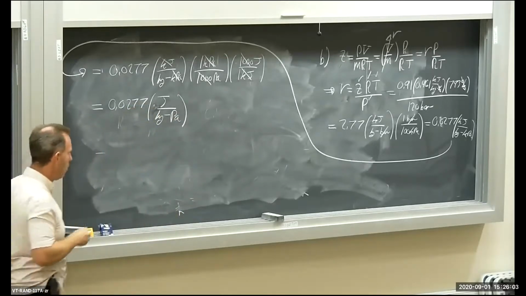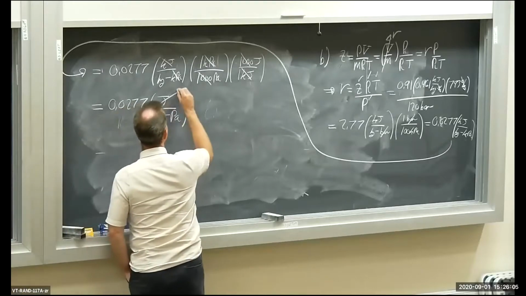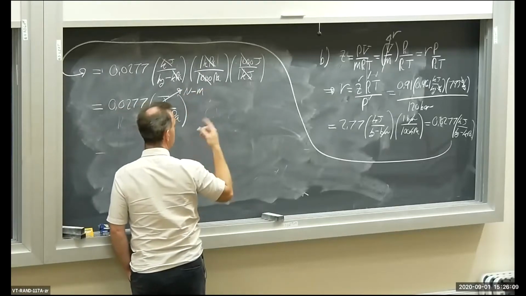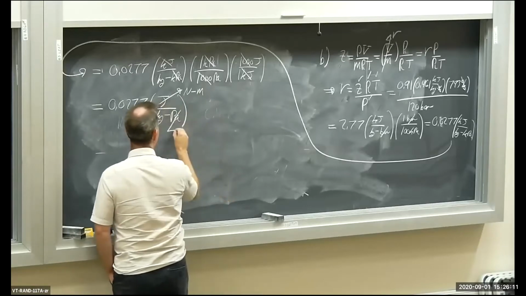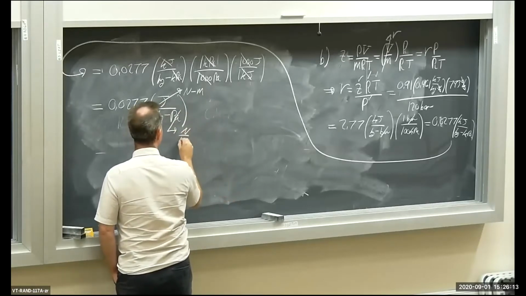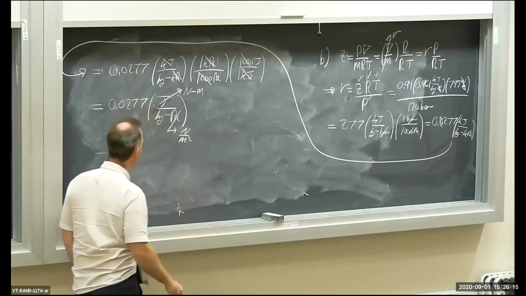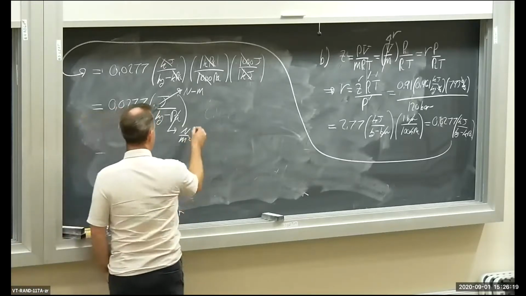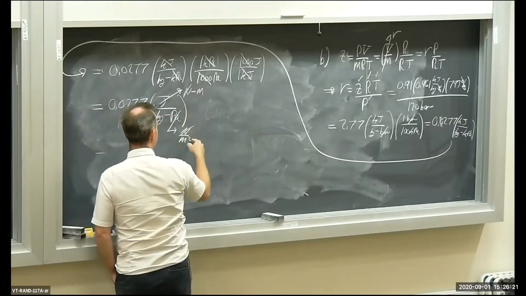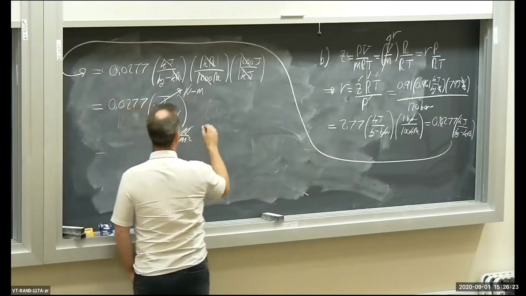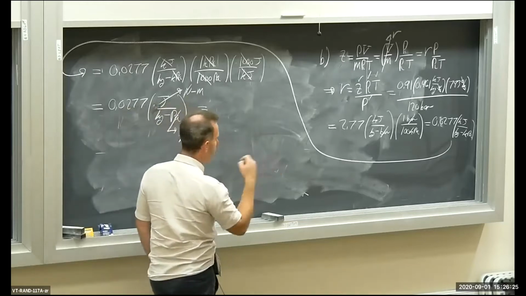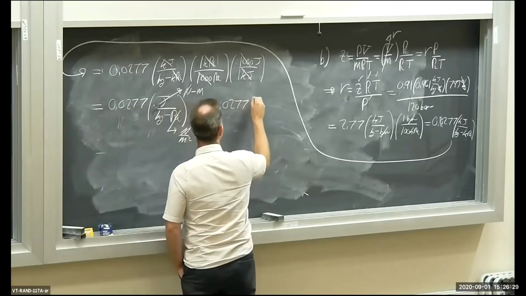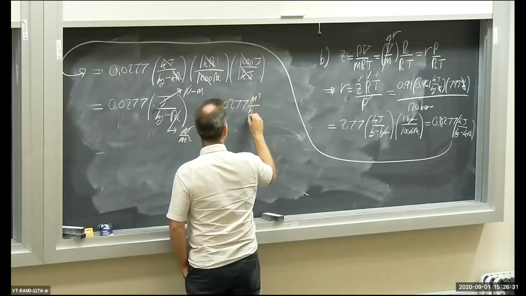Now, a joule is a Newton times a meter. A pascal is a Newton per meter squared. The newtons cancel out. The meter squared goes at the top, and I have cubic meters per kilogram. 0.0277 cubic meters per kilogram.